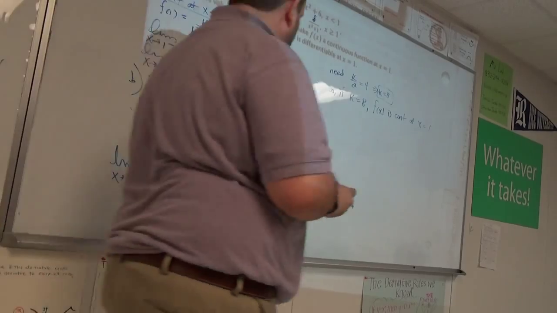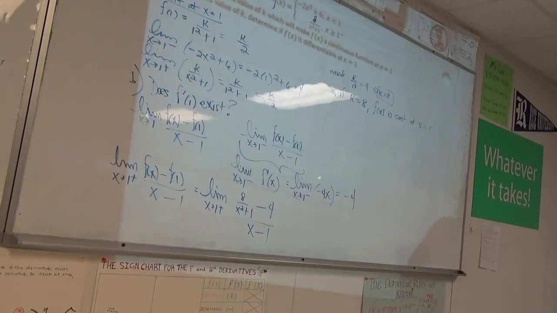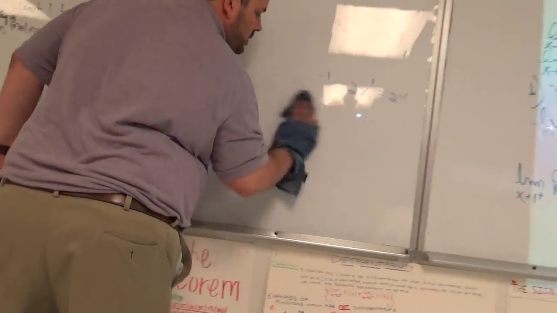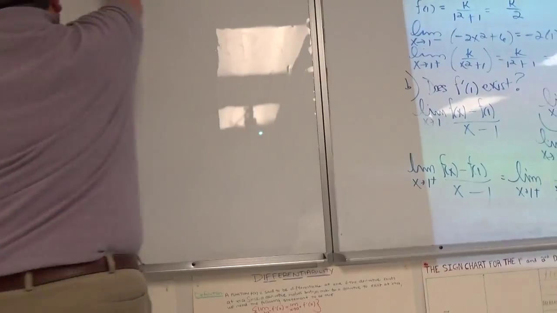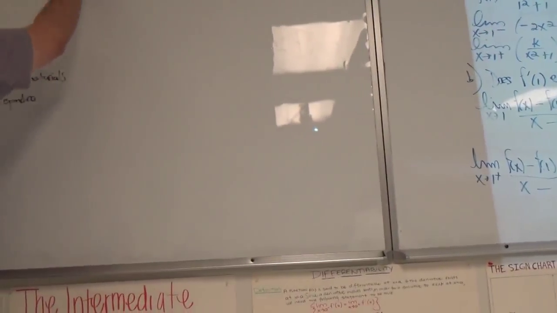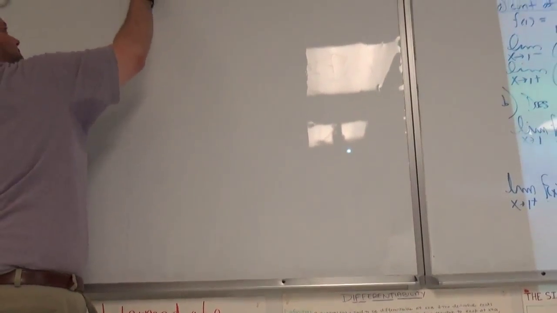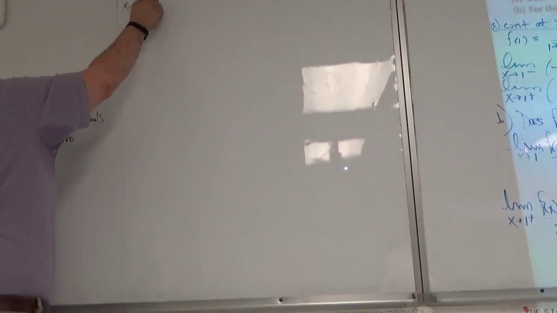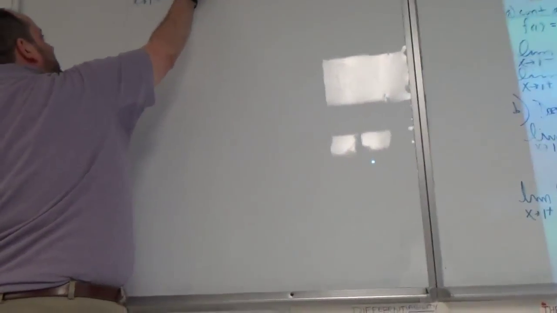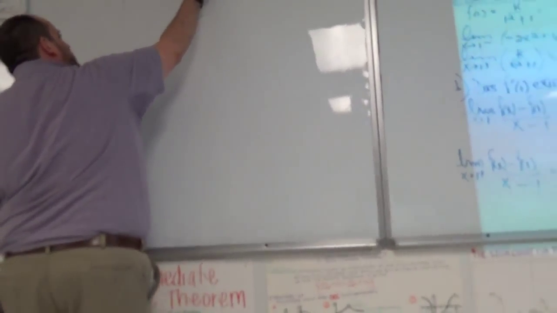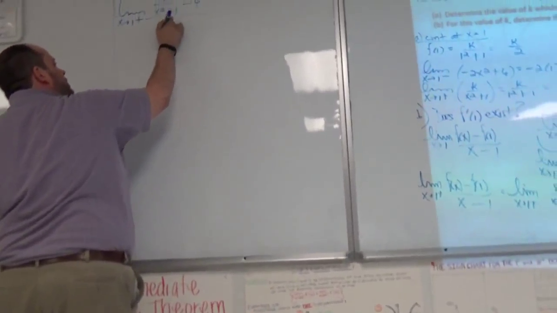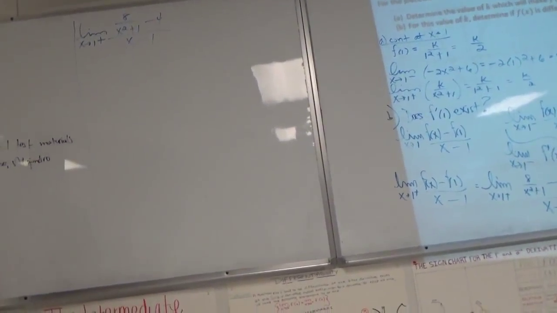I definitely need some more board space over here. The goal is we need to find that limit as x approaches 1 from the right of 8 over x squared plus 1 minus 4 over x minus 1.